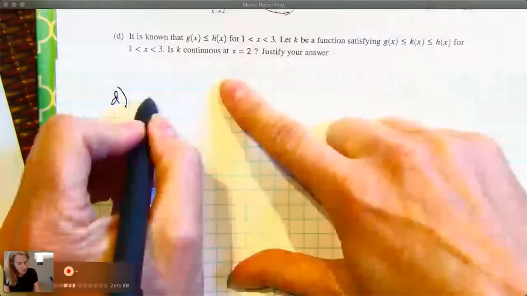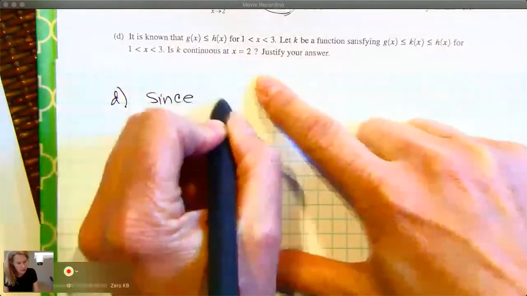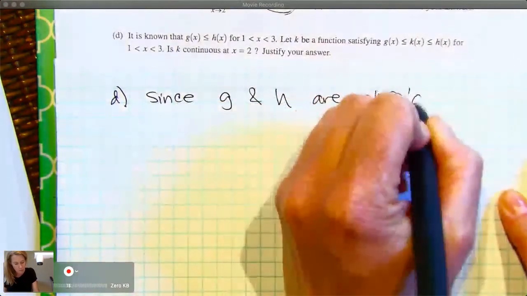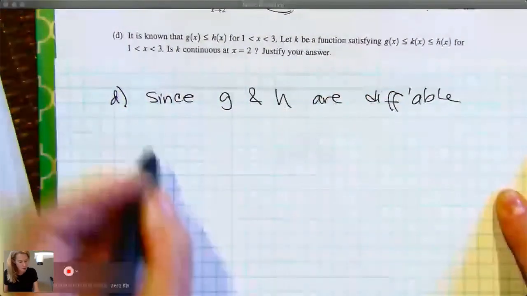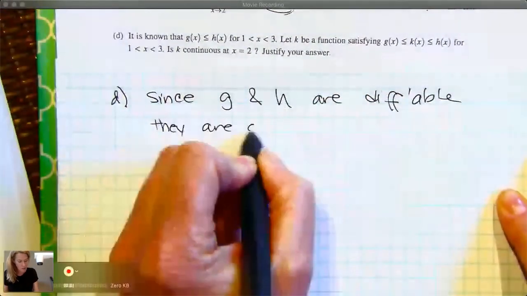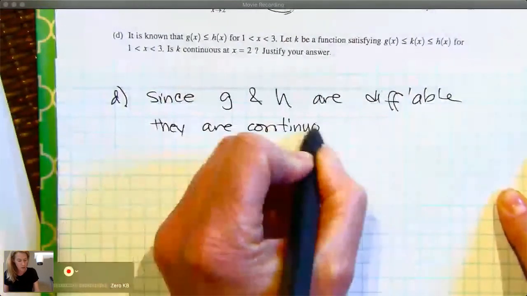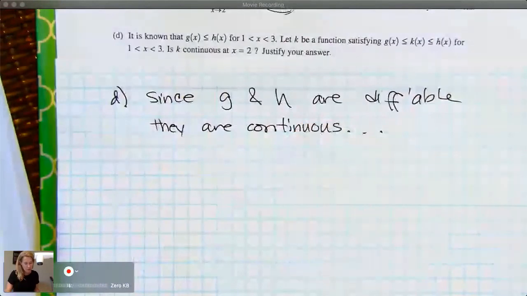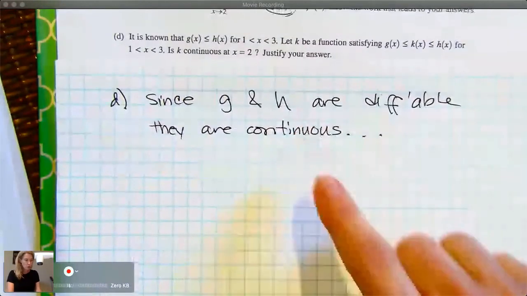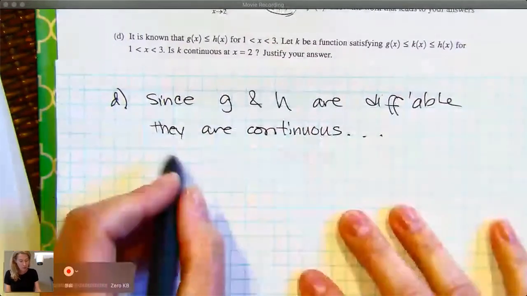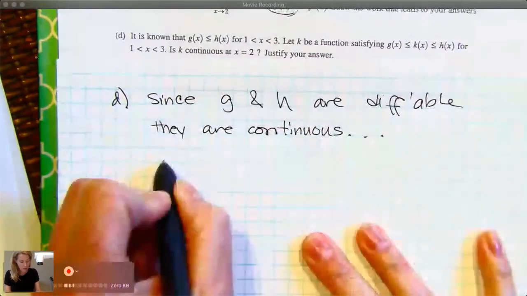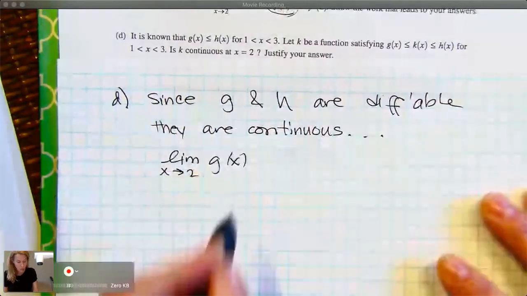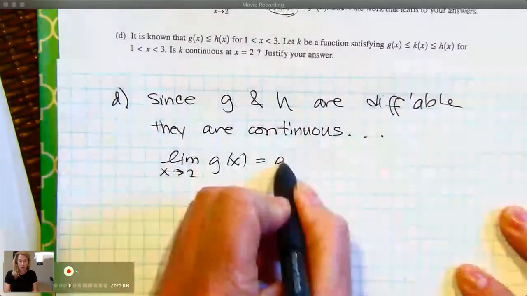So since g and h are differentiable, they are continuous. And what does continuity tell me? Continuity tells me that in order to be continuous, I want the limit from both sides, for instance, at 2, to equal the actual output value of that function, right?